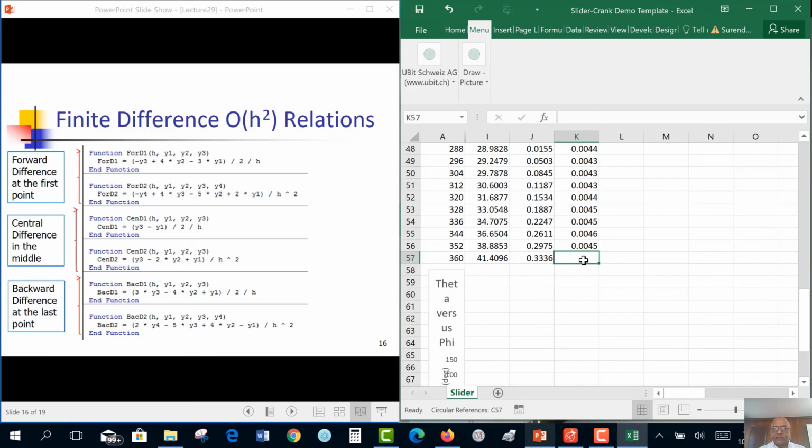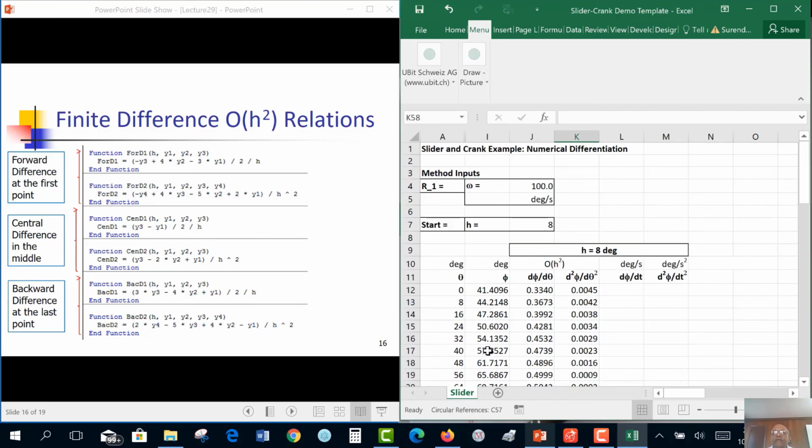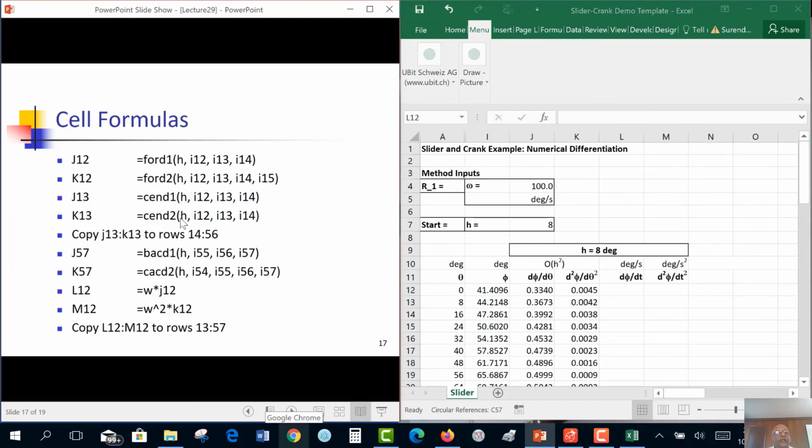Then we have backward difference, second derivative, h. It requires 4 y values. So we'll start counting y1, y2, y3, y4. Okay. So we have first and second derivative. So these are the things we typed just now.